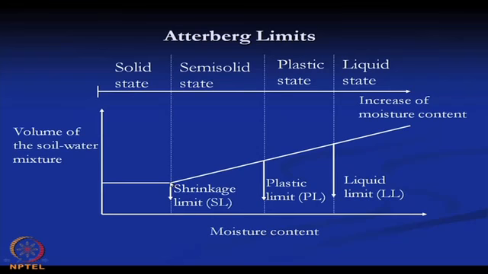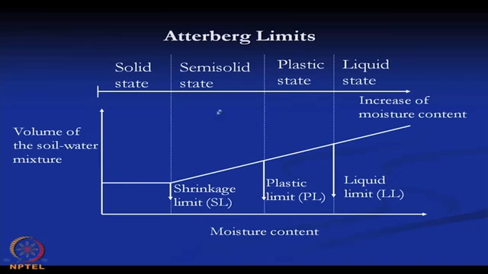But after a certain point, the junction of the semi-solid state and the solid state, if we decrease the moisture content, then the volume will not change, the volume remains constant. So, after this point, if we further reduce the water content, the volume will not change.